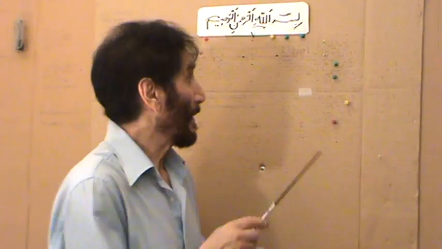With the word function always go non-empty sets, domain and range, and the rule that corresponds each element in the domain with an element in the range. That rule is in fact the function.